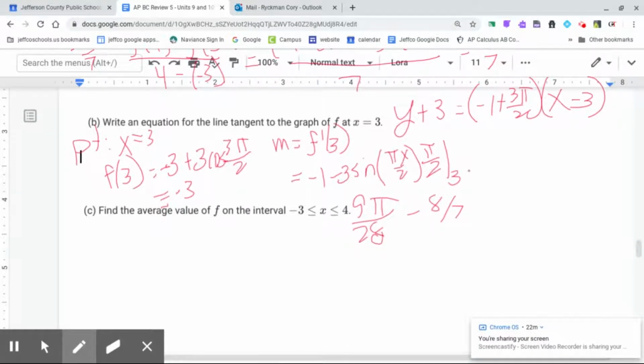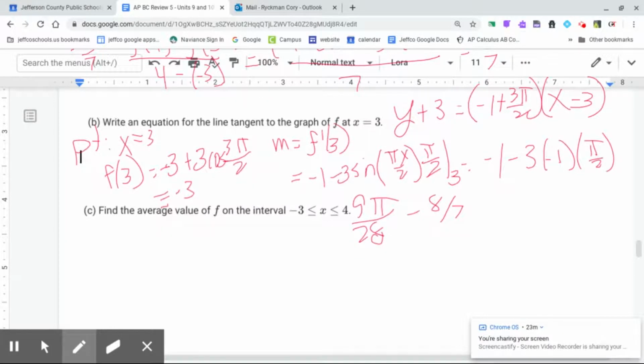So I got negative 1 minus 3 times sine of 3 pi over 2, which is negative 1, times pi over 2. And so I got negative 1 plus 3 pi over 2 for the slope, and then I wrote my tangent line. All right, C was the hardest one.